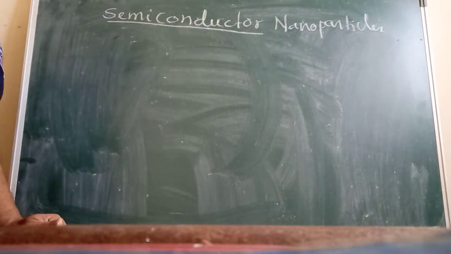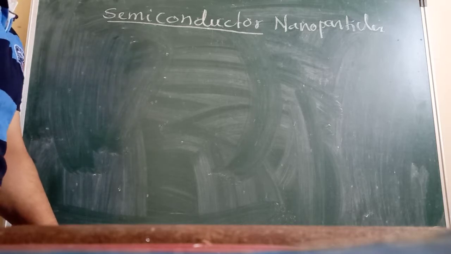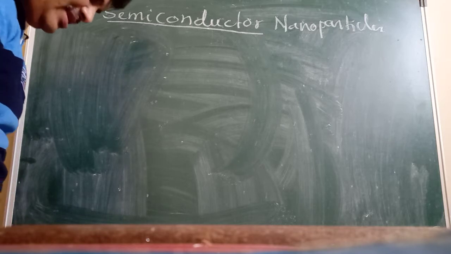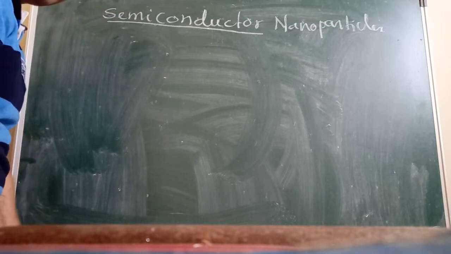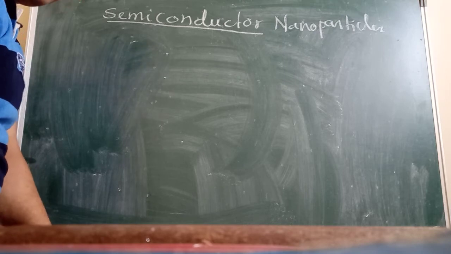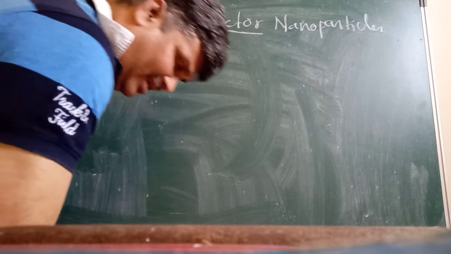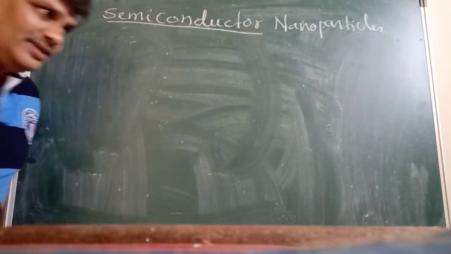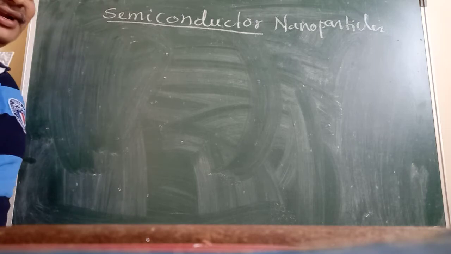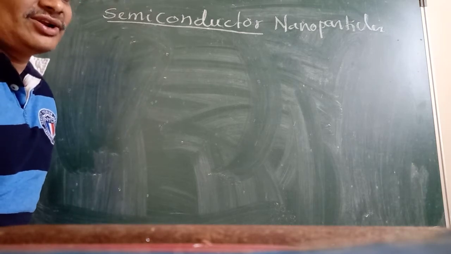In metal nanoparticles, we observe the surface plasmon resonance, and semiconductors are quite different from conductors. A conductor gives electric conductivity at 0 Kelvin, but semiconductors do not.